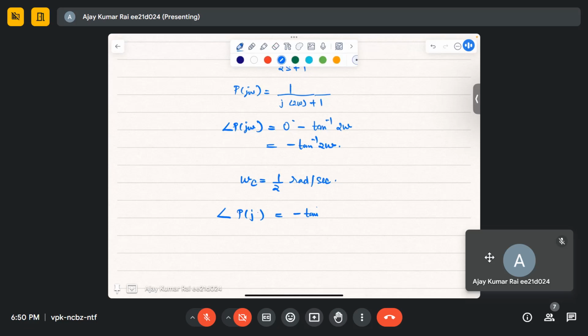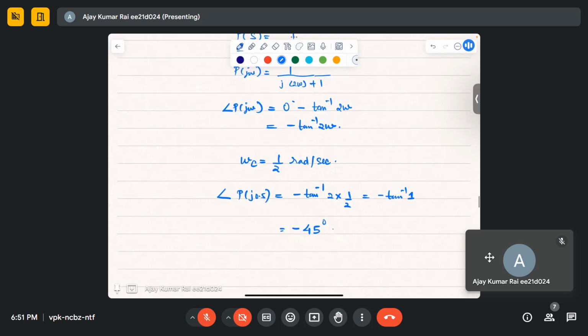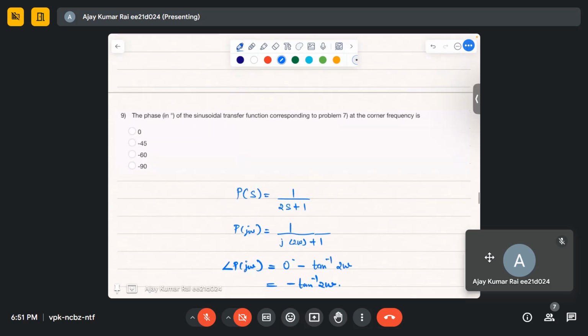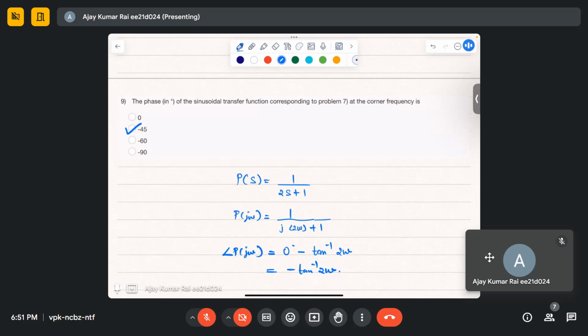Minus tan inverse of 2 into 1 by 2, so minus tan inverse of 1. You know tan inverse of 1 is 45, so minus 45. We have calculated the phase at corner frequency: minus 45.